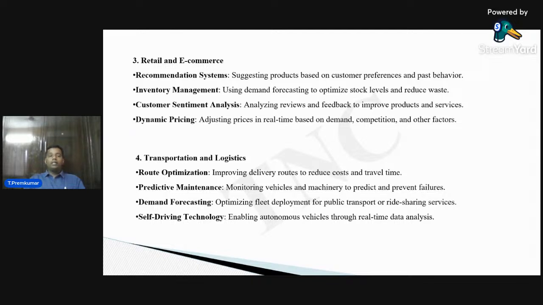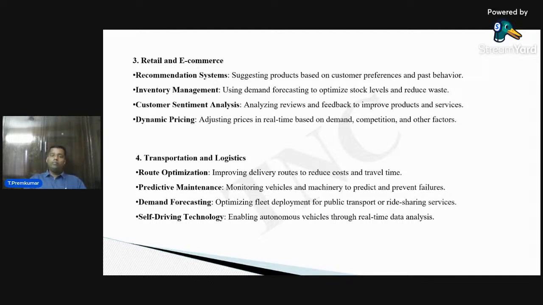Predictive maintenance monitors vehicles and machinery to predict and prevent failures. By monitoring them continuously, we can find out if any faults or failures occur. In simple terms, it is reviewing the maintenance process.